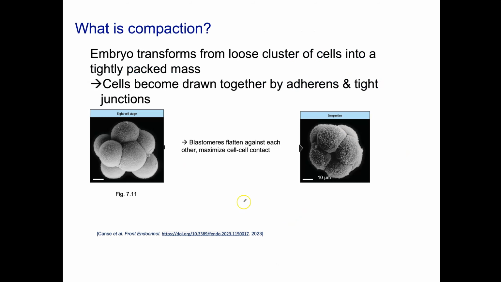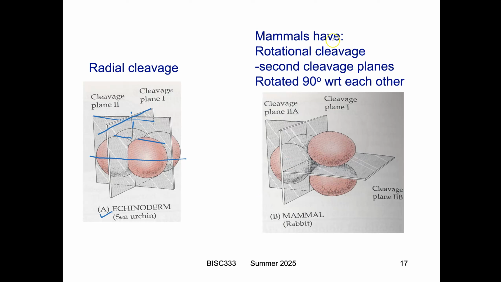Interestingly, in mammals like the rabbit and the mouse, there is rotational cleavage. The first cell divides to make two daughter cells, and then when this cell divides, the plane of cleavage goes in this direction, but when the other cell divides, the plane of cleavage goes in another direction. The planes of cleavage of this division and this division are at 90-degree angles with each other.